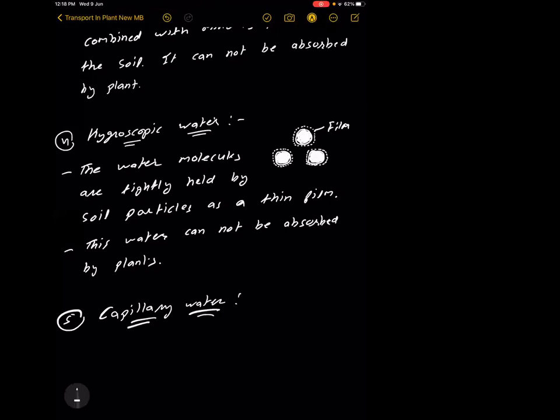Capillary water means what? These are water. These are soil particles. So these soil particles, they have small gaps, small thin spaces. And these spaces are just like capillary formation, like this.